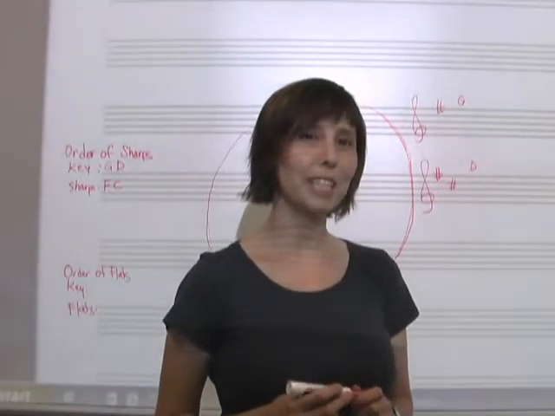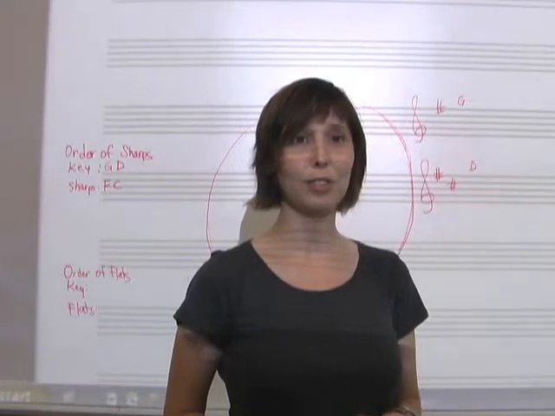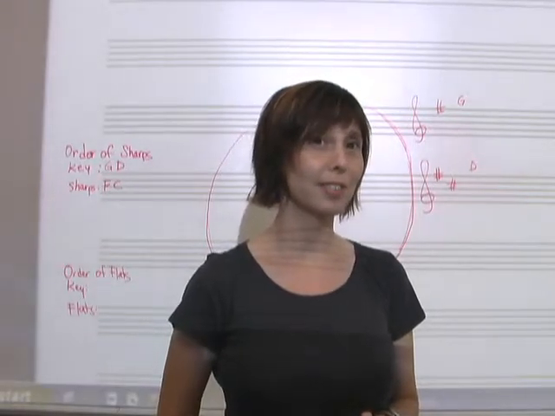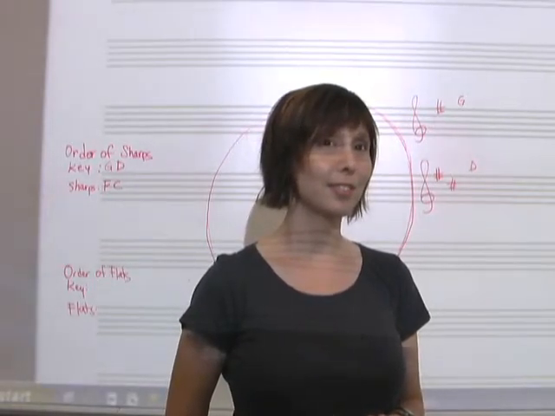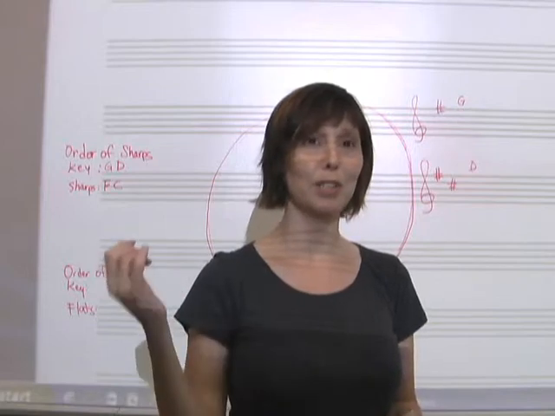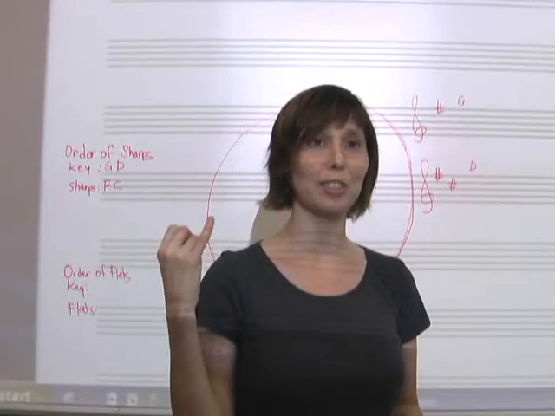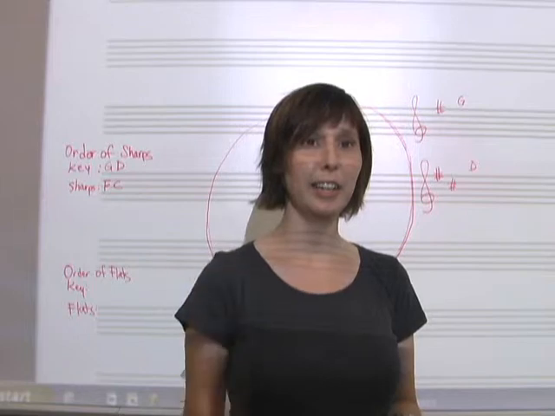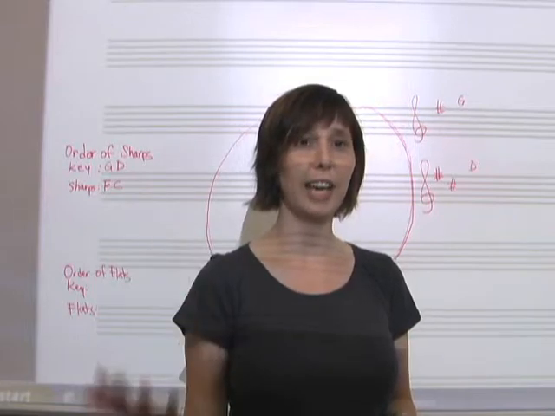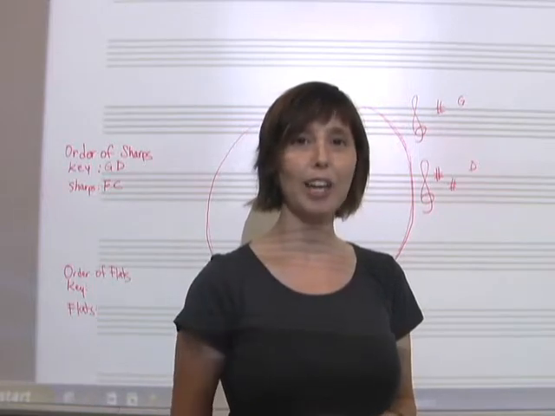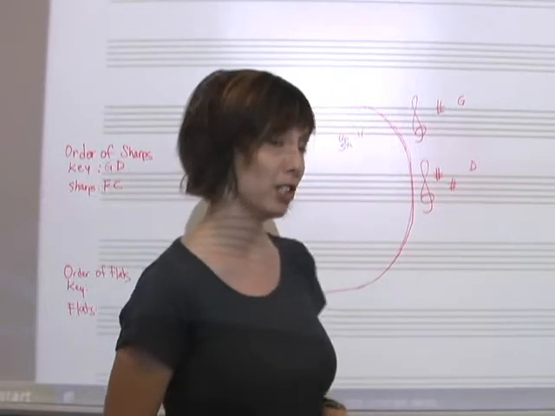Now, what would be the key that's going to have 3 sharps? Well, remember, I'm counting up to the 5th note of the D major scale. D, E, F, G, A. So A will be the key that has 3 sharps.